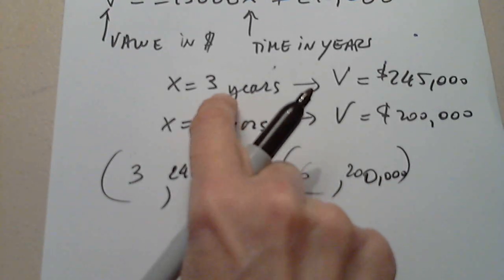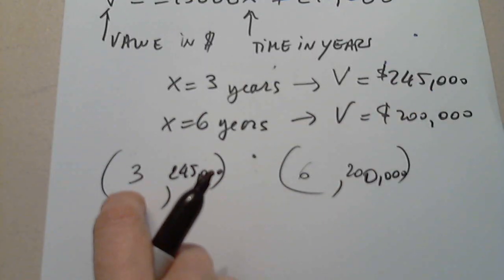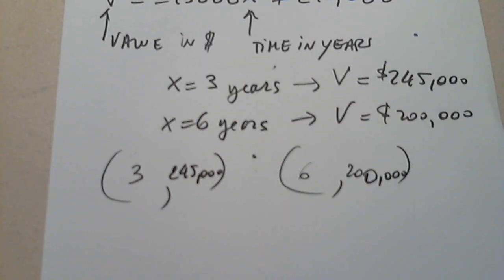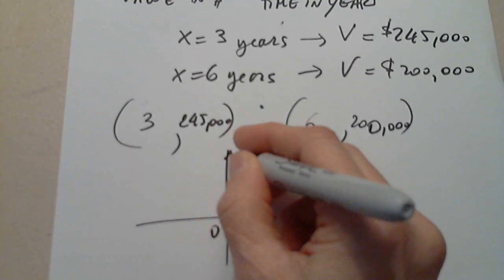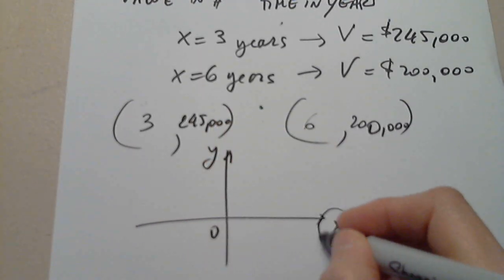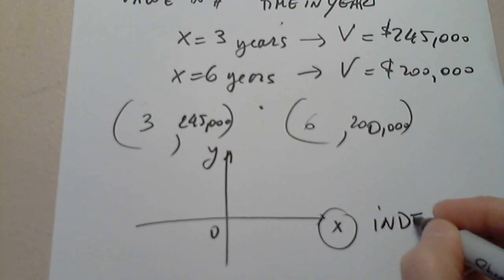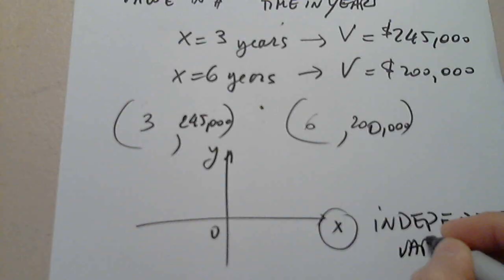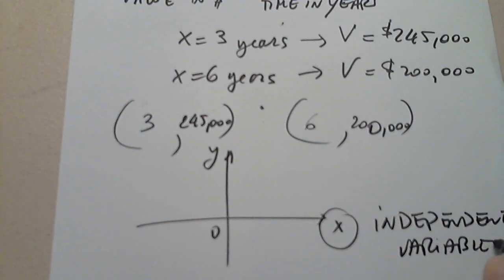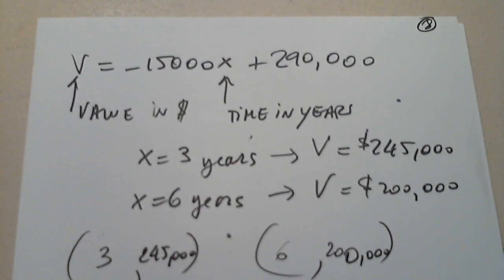Indeed. When x is 3, this is the value. X coordinate, y coordinate. So I know I mentioned x and I mentioned y. X is the independent variable. It doesn't depend on anything. This is this x here.